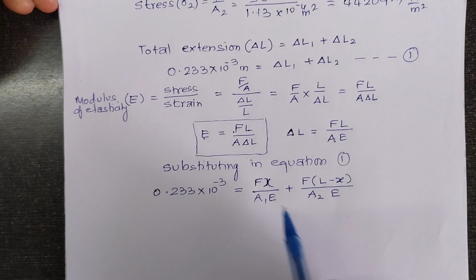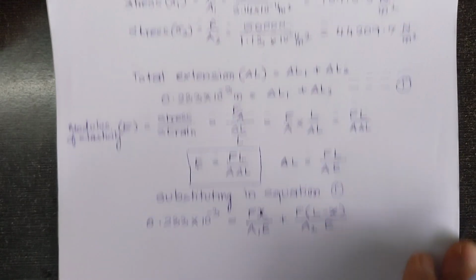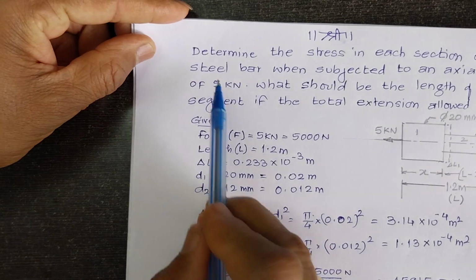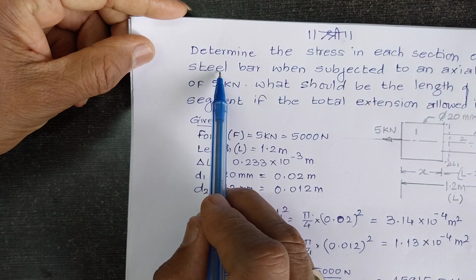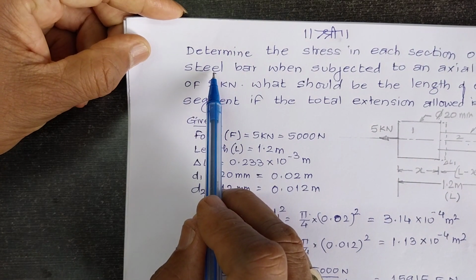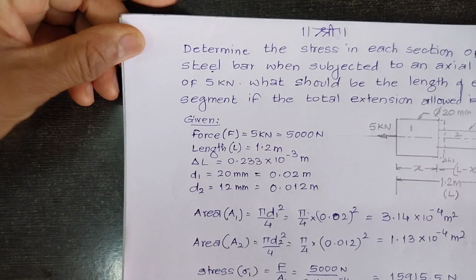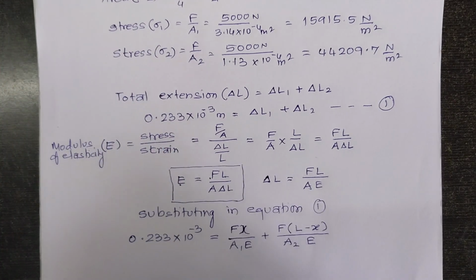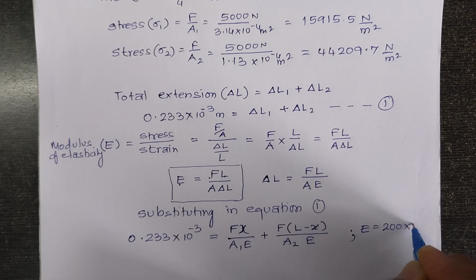Please note that the modulus of elasticity here needs to be found out, and since in the problem statement it is given that a steel bar is used, we refer to the data book in an open book exam system. If we do not have an open book exam system, we must remember that for steel the modulus of elasticity is 200. So we have E is equal to 200 into 10 raised to 9 Newton per meter square.